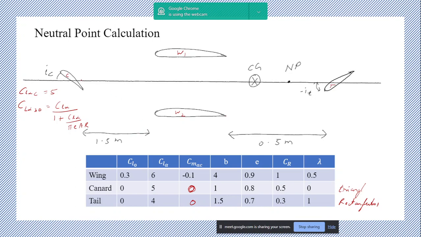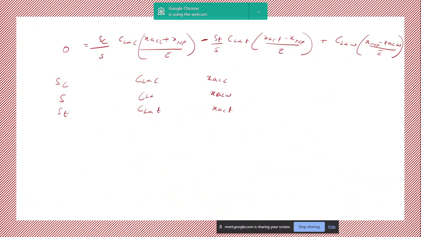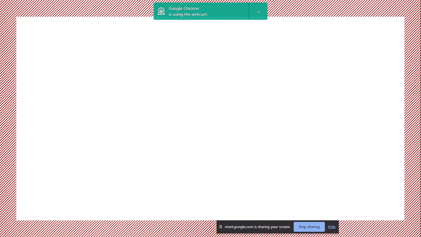So before we begin with the aerodynamic calculations, I believe it's better for us to start with the geometry calculations because these values should be used here. Okay? So let's try to find out for the canard. We'll start with the canard.